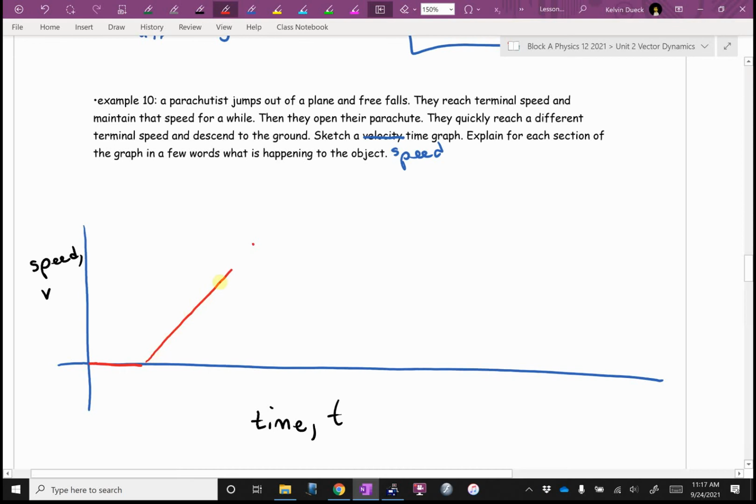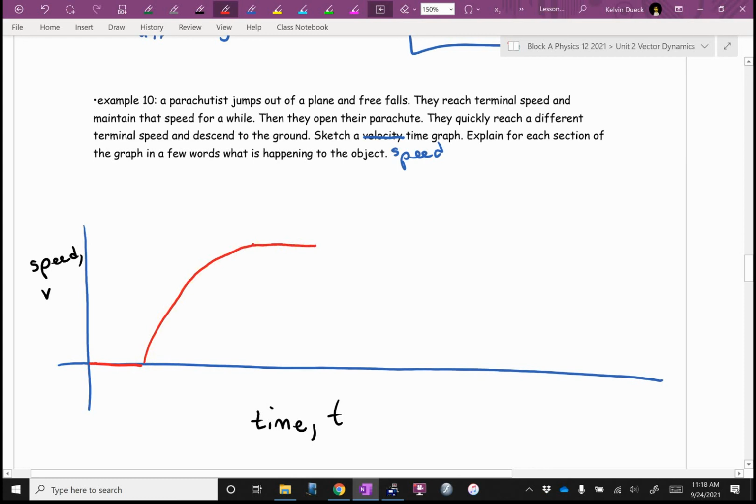I don't think it's going to be a straight line because air resistance changes. What's my air resistance right the split second I jump before I start moving? So what's my acceleration right when I jump before I start moving? That's when my speed is increasing at its maximum. But then as air resistance kicks in, my speed is going to increase slower and slower and slower. I think it would look kind of like this.